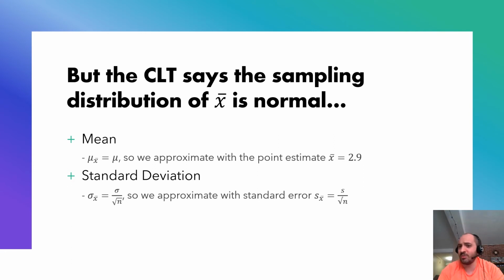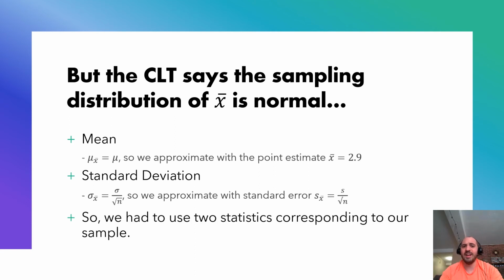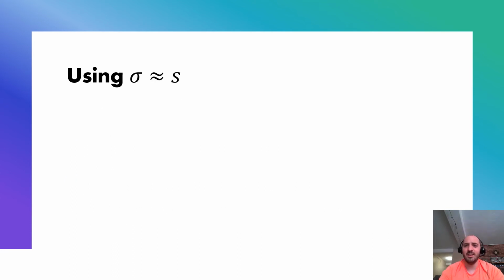And that's also one of the reasons why we're calling it the standard error instead. So we had to use two statistics to approximate stuff here. And the issue is approximating the population standard deviation with our sample standard deviation.